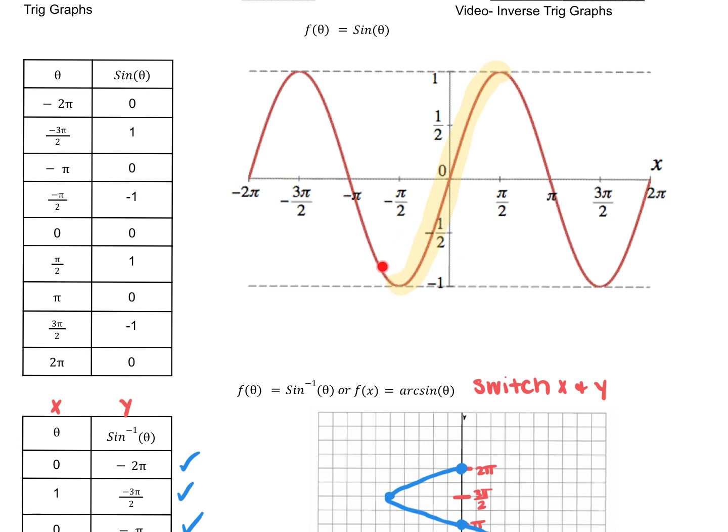If I were to continue the graph here, it would fail the horizontal. Or if I continued the graph here, it would fail the horizontal. So again, you're looking for a section in the graph that's hovering around the 0 marker such that it passes both the vertical and the horizontal line test. So the answer is we're going to restrict the domain of sine from negative pi over 2 to pi over 2.